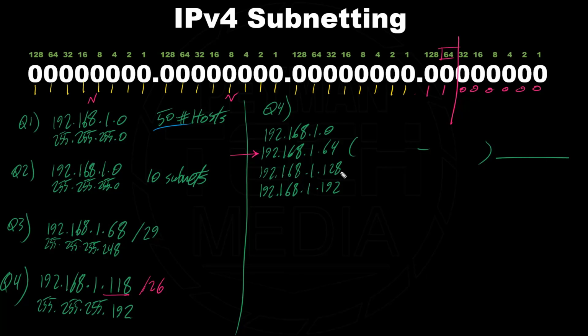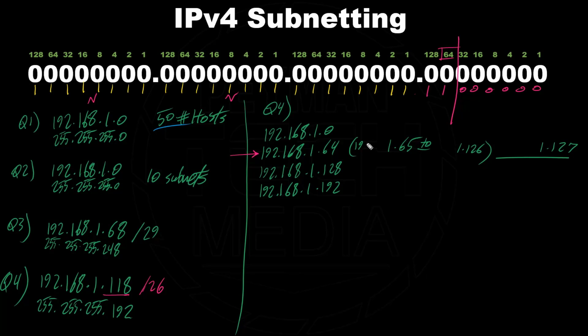The next one is 128, so it should be 192.168.1.127. And here the first available IP address is 192.168.1.65. So I'm going to just write down 1.65 and it goes to 192.168.1.126. So 1.126, one less than the broadcast.